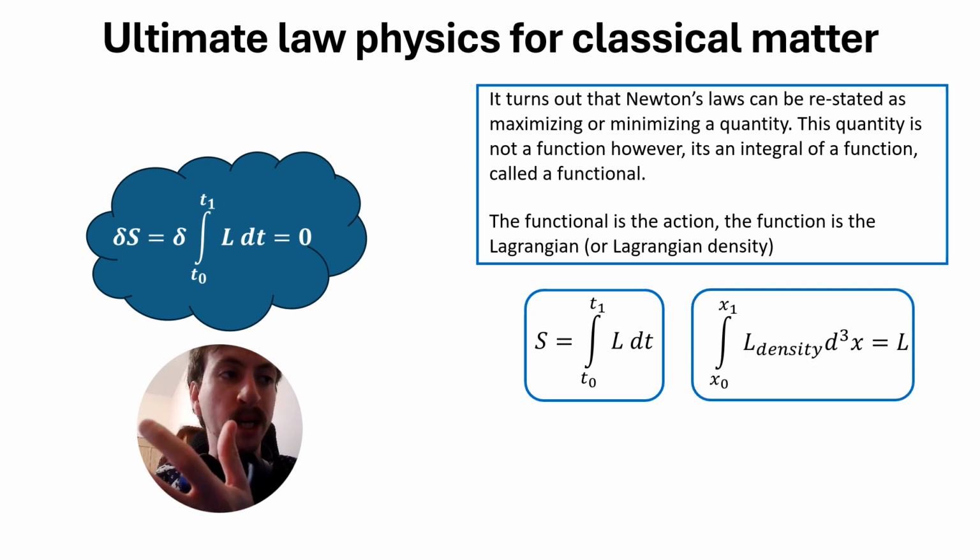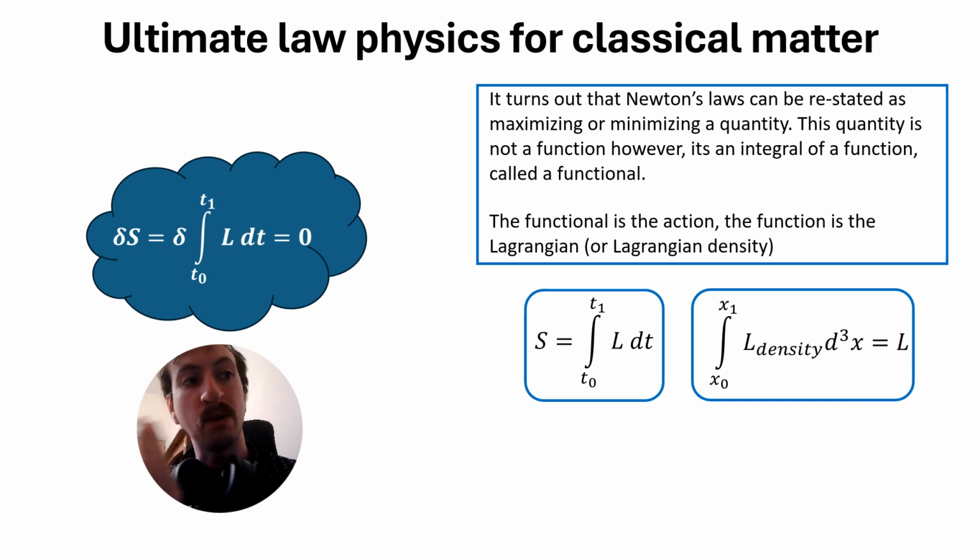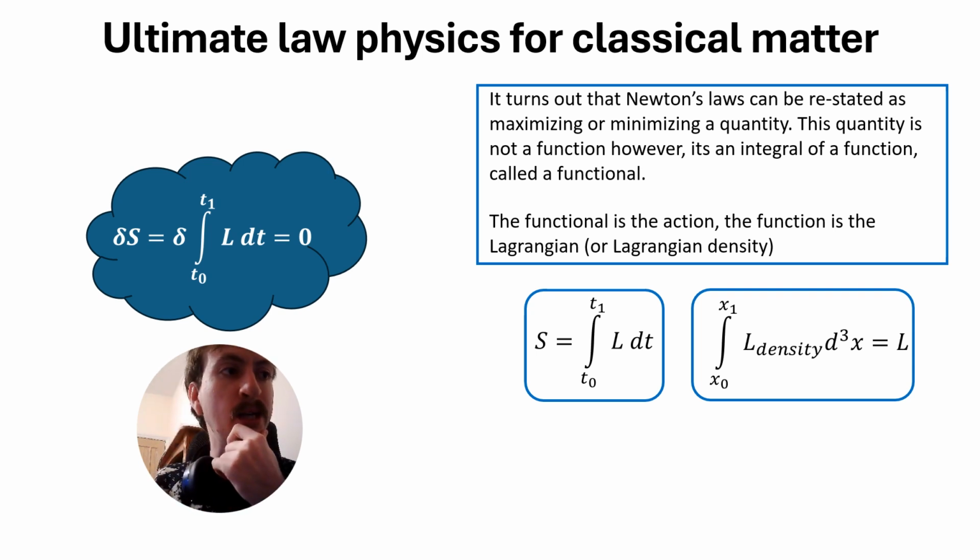If you integrate the Lagrangian density over our 3 dimensions of space, which is why we've got d3x, then we get the Lagrangian, a quantity about the total energies of our field.